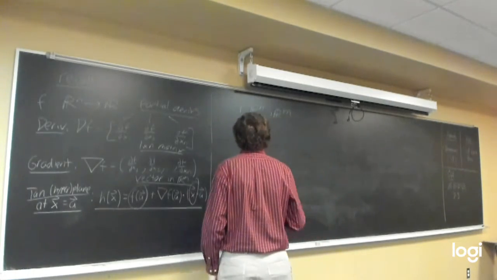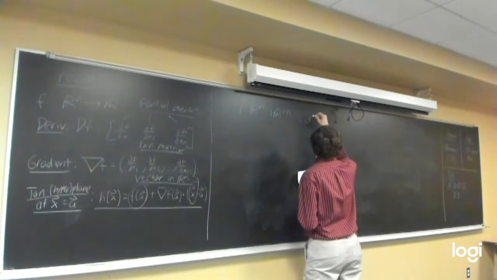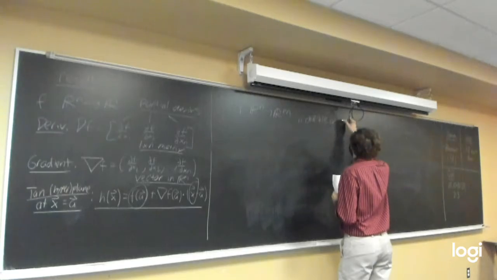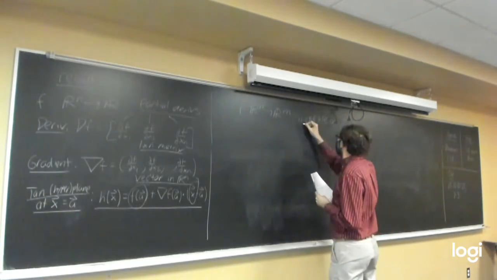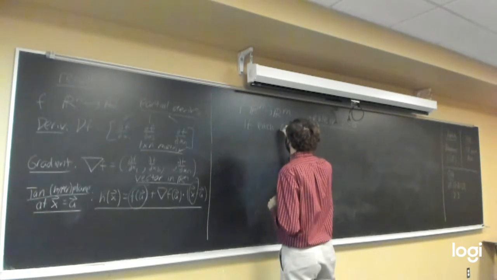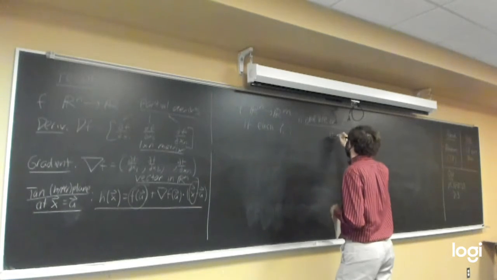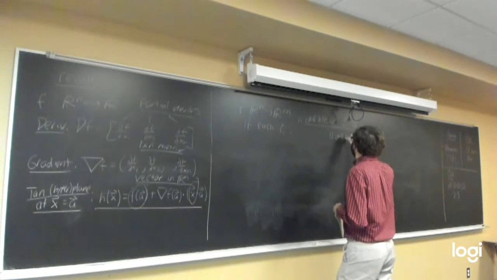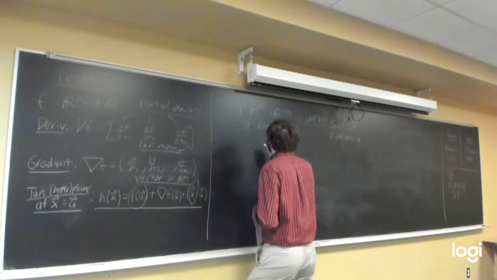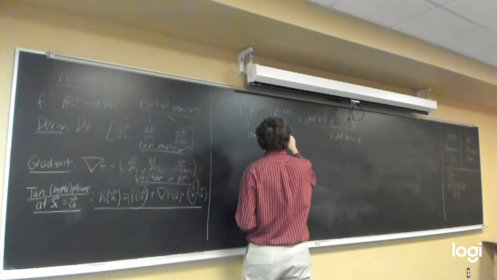So in general, we're going to say that a function f going from Rn to Rm is differentiable at a single point A if each of the component functions, each component function f sub i, is differentiable at A.